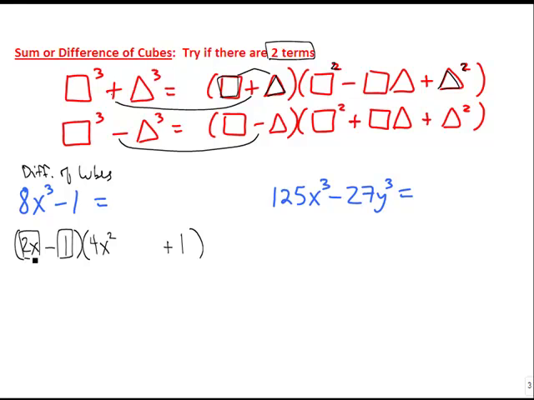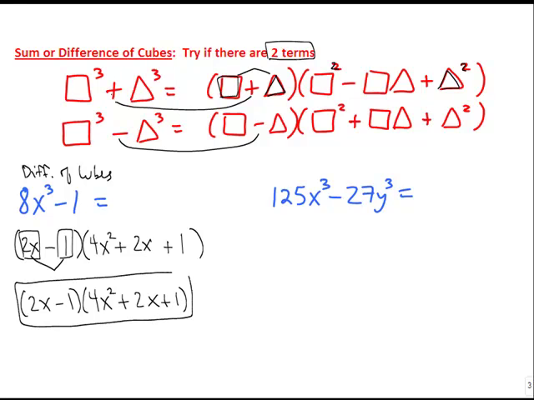The middle term comes from these two multiplied together. 2x times 1 is going to be 2x. And the sign of that middle term should be the opposite of the sign you have in the first factor. So since we had minus, this middle term should be plus. So my final answer is 2x minus 1, parentheses, 4x squared plus 2x plus 1.